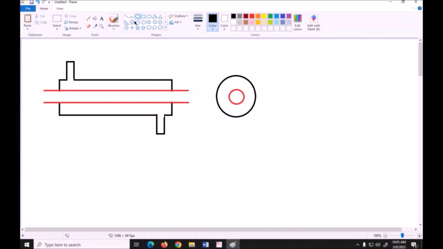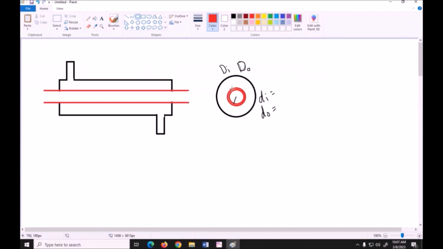Now our main task is to find out the diameter of this outside tube, DI and DO, inner diameter and outer diameter. Then we should know the small tube's diameters, small d and small do.